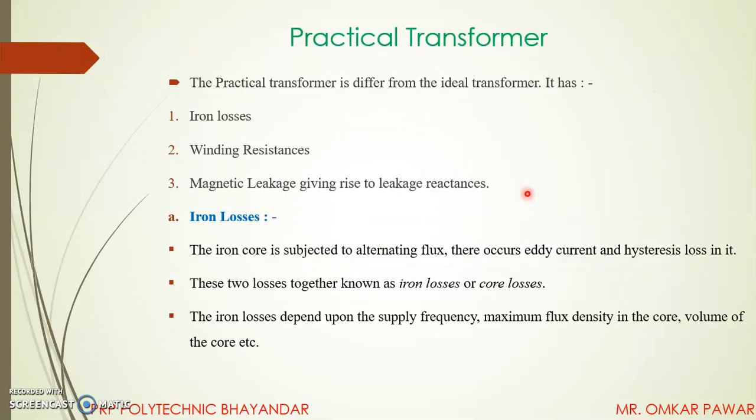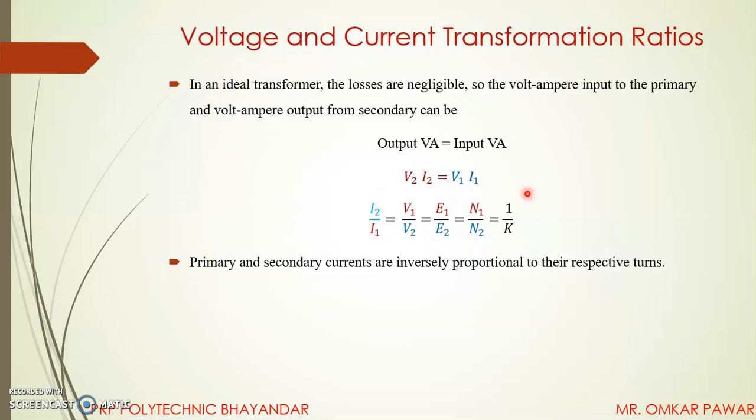In an ideal transformer, the losses are negligible. So the volt ampere input, that is voltage into current, the power input to the primary, and the volt ampere output from the secondary are the same, as losses are negligible.